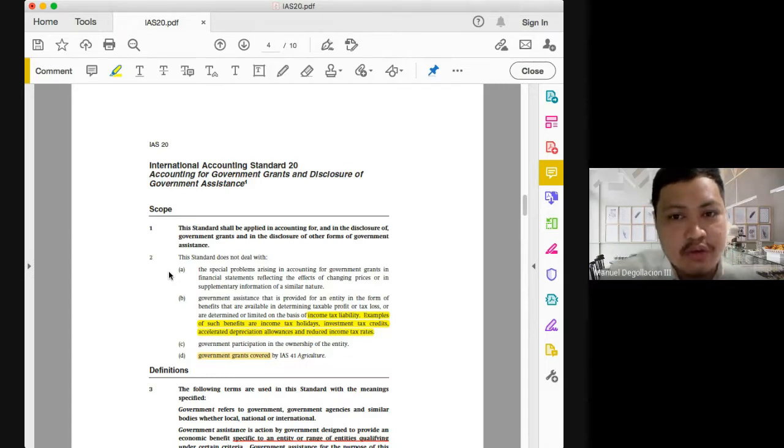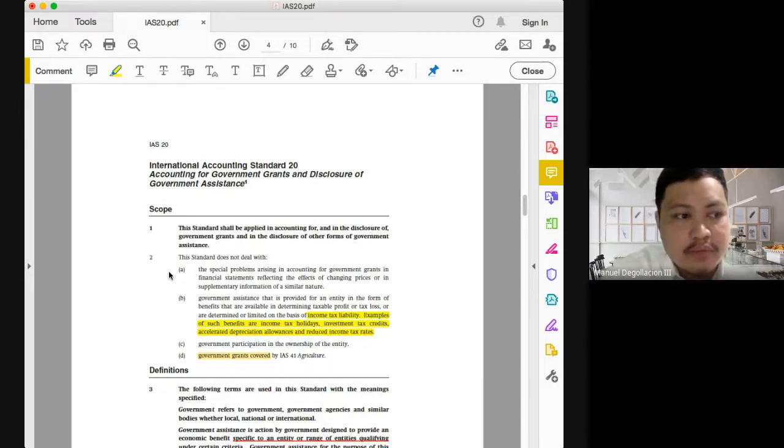Okay, so a government grant will require recognition on the part of the reporting entity. That's why there has to be a standard that will govern the accounting treatment for government grants. For other government assistance, class, that do not qualify as a government grant, then depending upon the situation, it may result in a required disclosure.